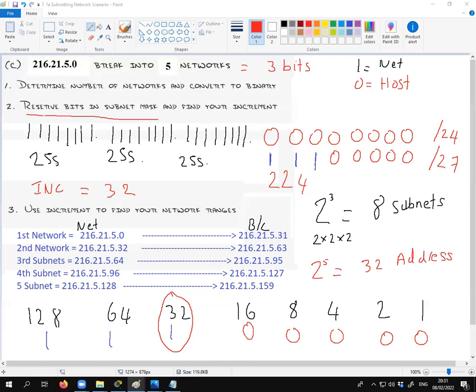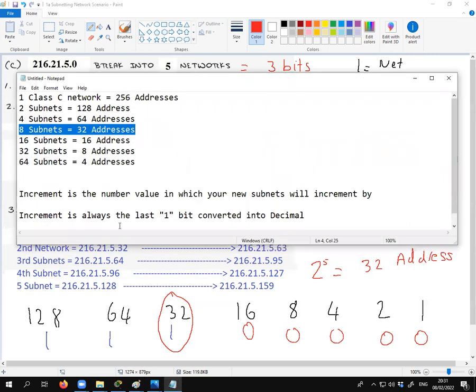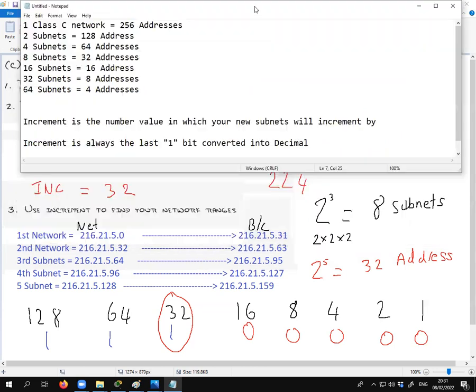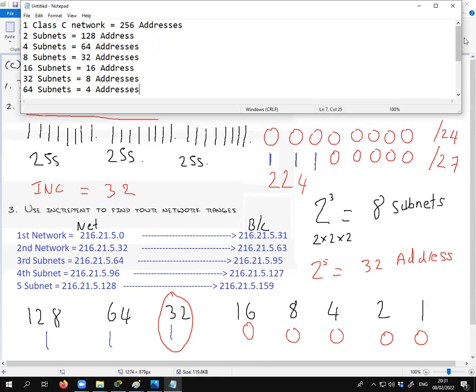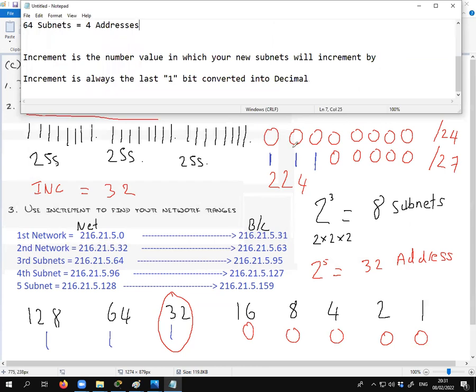Take 15. All right, can you bring up the slide where you write the increment? So the increment is a numerical value by which a new subnet will increment. We found our number because it was always the last subnet bit converted into decimal. So where's our last subnet bit?